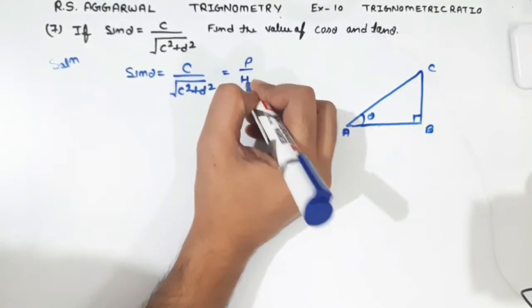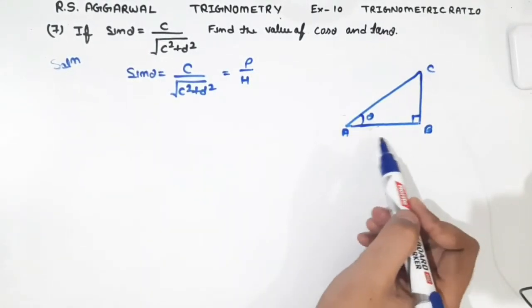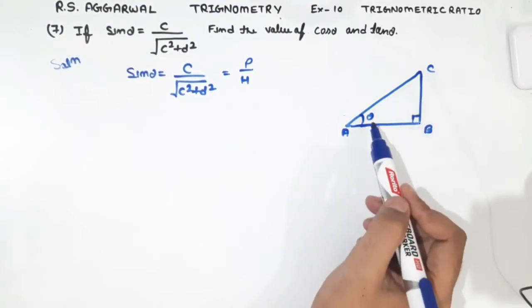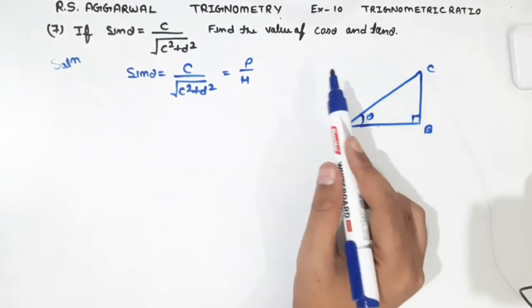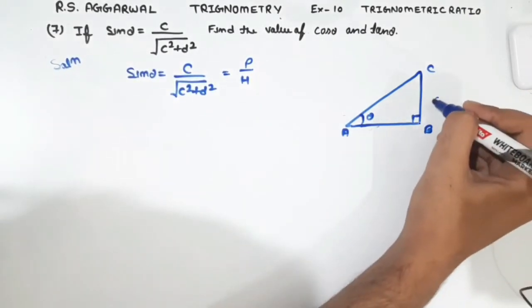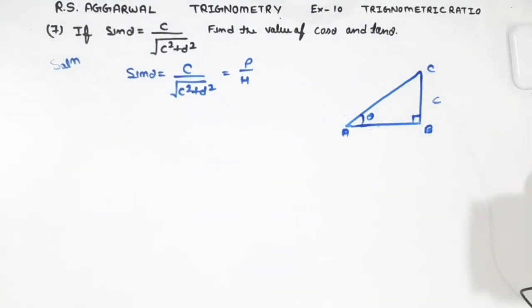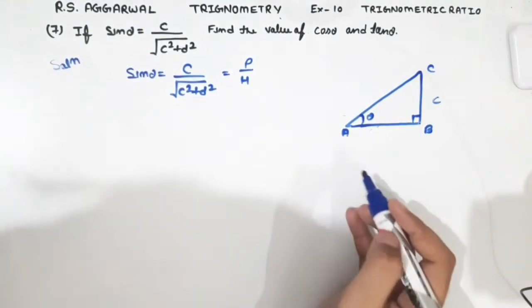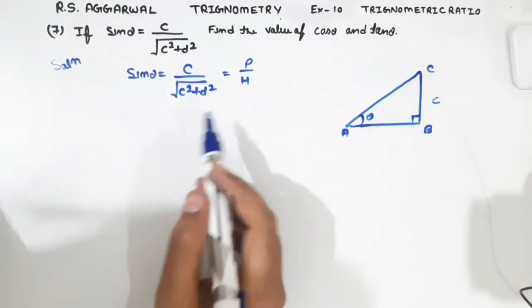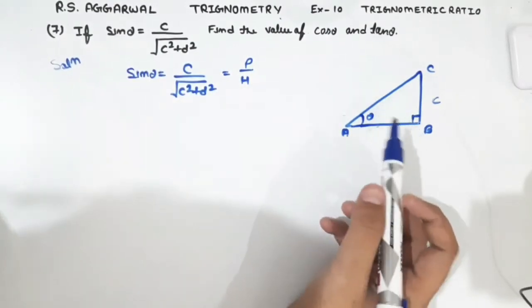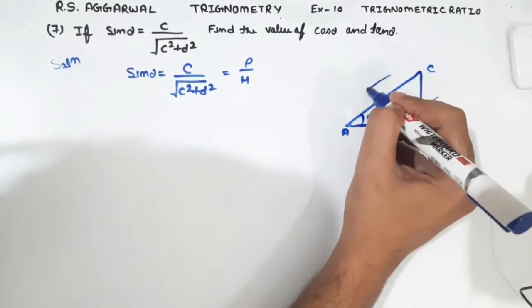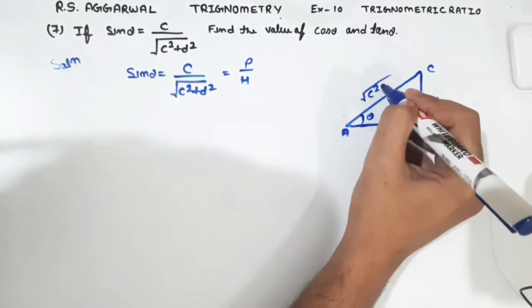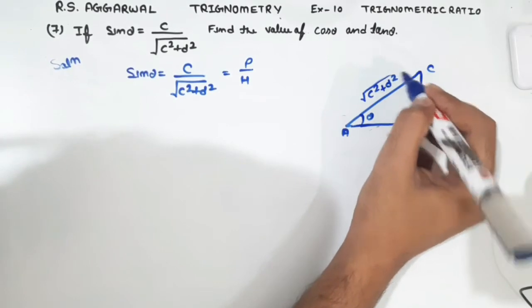perpendicular upon hypotenuse. So here this is a right angle triangle whose angle A is theta. So the side opposite to angle theta will be perpendicular, that is C. This is C, and the side opposite to the 90-degree angle will be hypotenuse, that is under root C square plus D square.